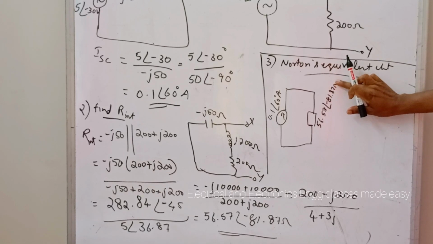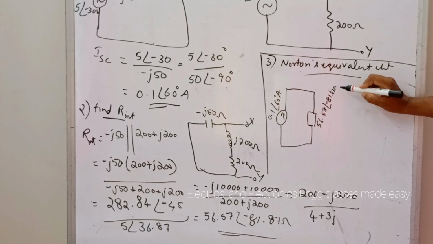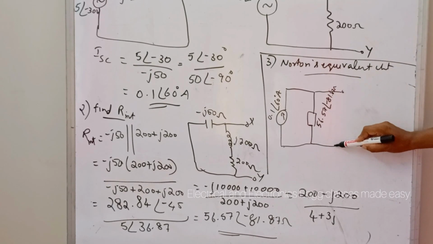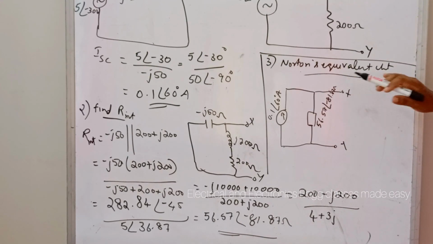And here we have to draw the XY terminals. So this is the equivalent Norton circuit diagram.